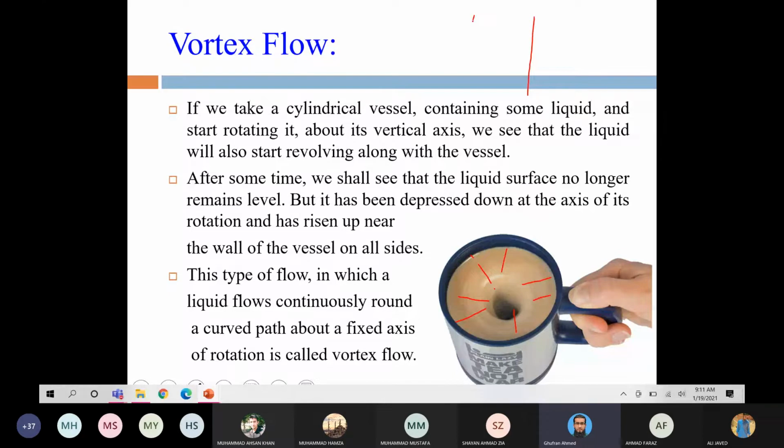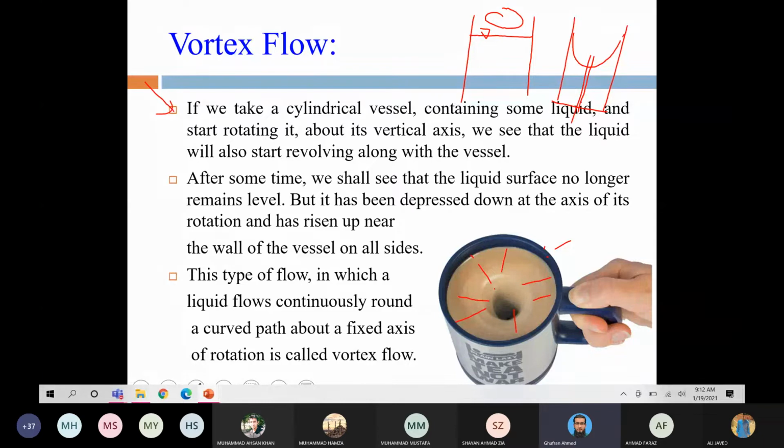If you see its cross section, initially the fluid level is somewhere here; when you spin the fluid in a cup, after some time the liquid will glide on its sides and a depression is created at the center. If you stir this fluid more vigorously, there would be a deeper depression created at its center, just like in this figure.